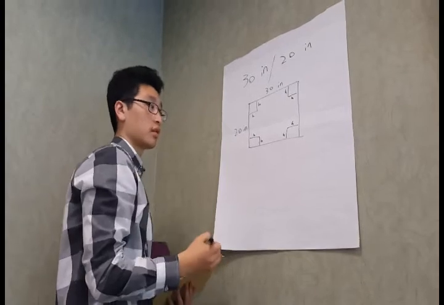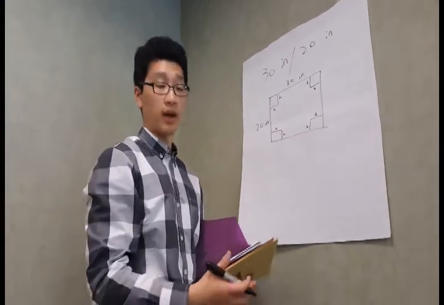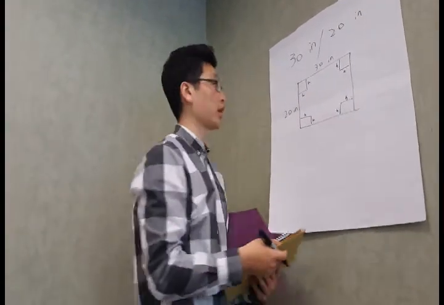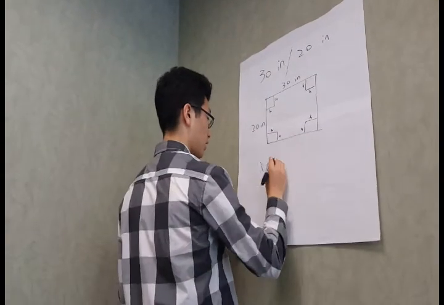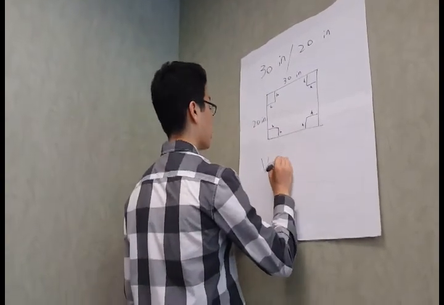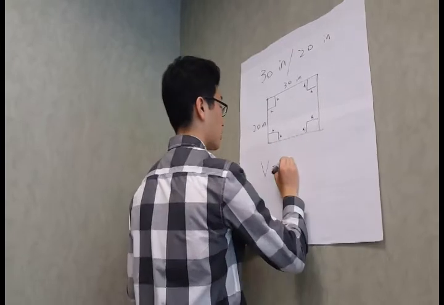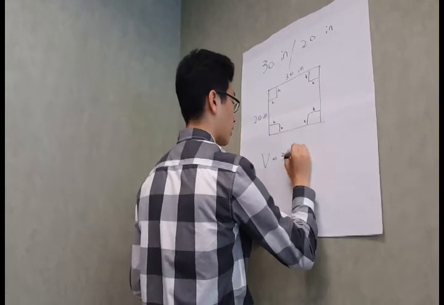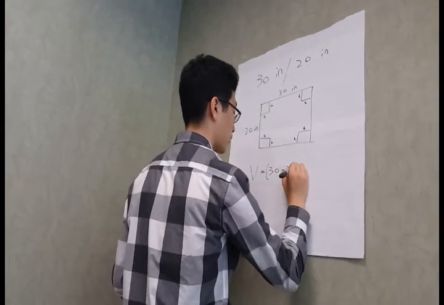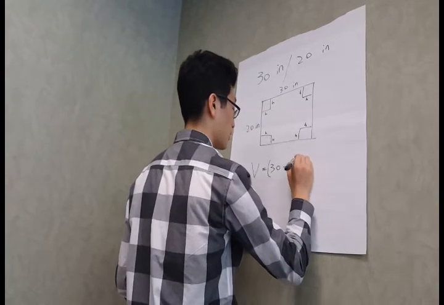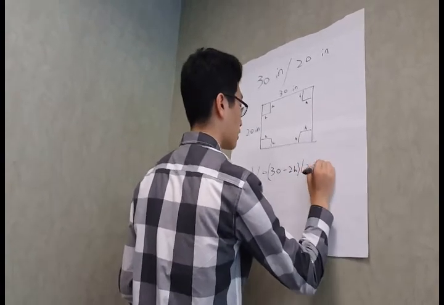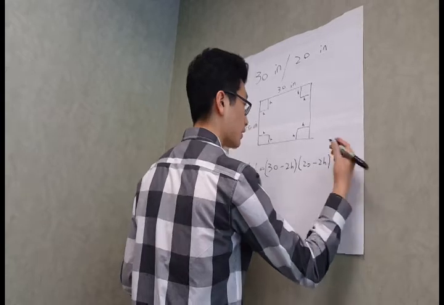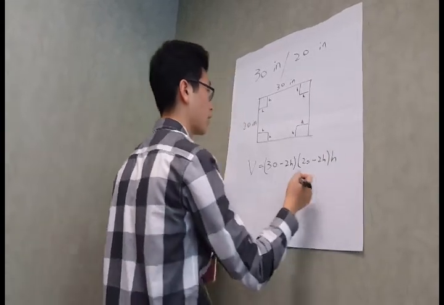To find the maximum value, once again, we have to find the mathematical expression for the volume, which in this case is volume equals the length, which is 30 minus 2h, times 20 minus 2h, times h, or height.